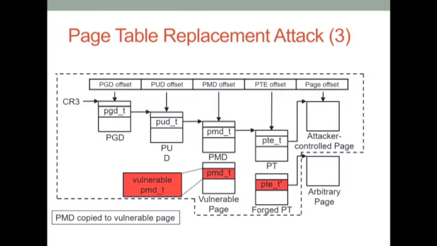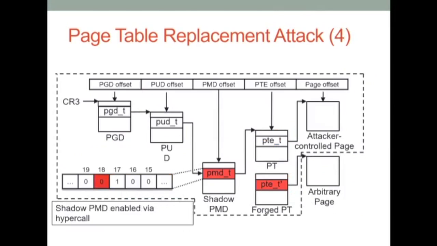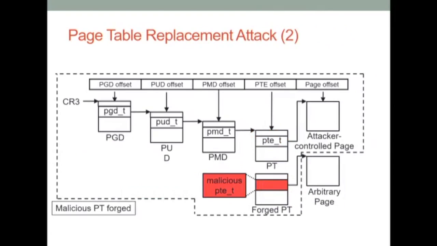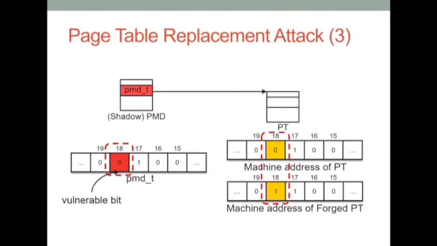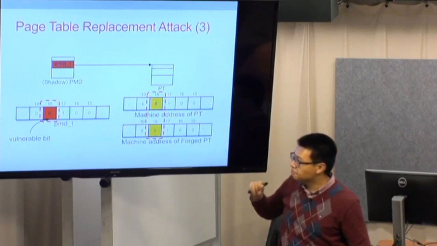And then the vulnerable bit here has some special requirement. The vulnerable bit will fall into the region of one of the entries in this page, and this vulnerable bit will be the same as the bit that the forged page table is different from the original page table.